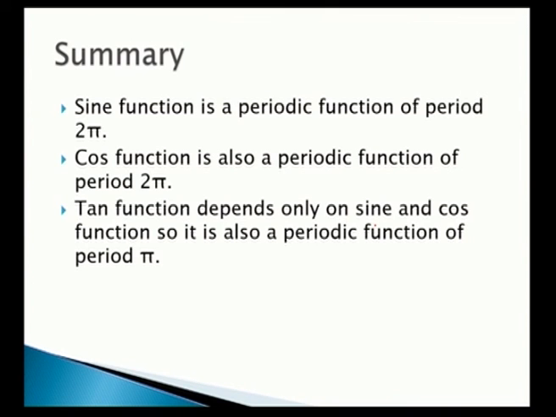Then the tan function depends on the sine function and cos function only. So the tan function is also a periodic function, because the sine function and cos function are periodic. Then the application of these trigonometric functions in our real life problems. These are all the concepts we learned from this lecture.